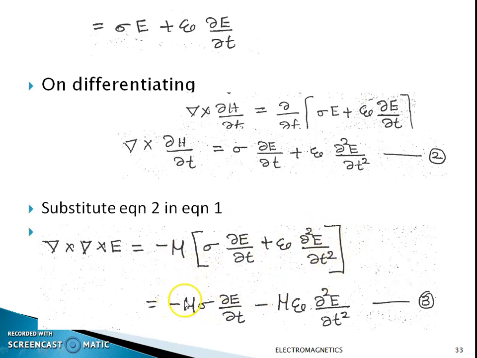After simplifying and expanding, we get del cross del cross E is equal to minus mu sigma dou E by dou T minus mu epsilon dou square E divided by dou T square, and mark this as third equation.